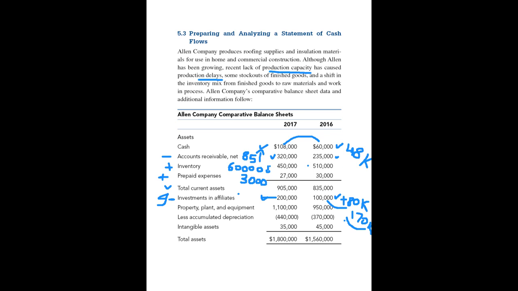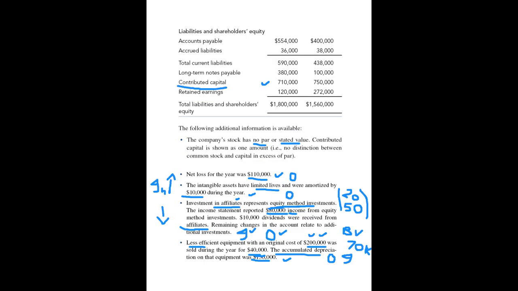Then comes another effect of it. If you see here, the income which the affiliates have provided to us is 80,000, but we only collected 10,000 as dividend. So in our income statement, the income from affiliates, which was reported as 80,000, has 70,000 that is non-cash.